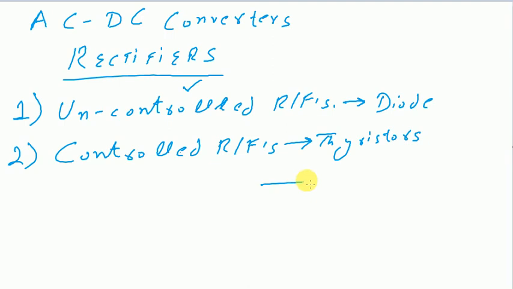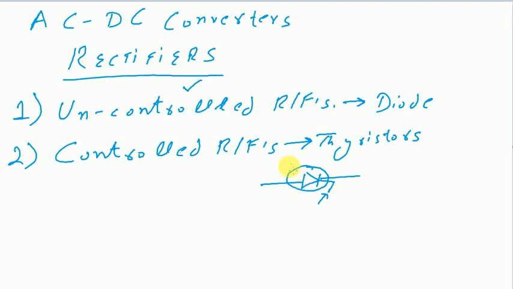If you just have a look at the symbol, this is the control pin that is available in the thyristor. As long as we do not have any control pulse applied to this control pin, this thyristor will not be turned on. That is how we can actively control the flow of power with the help of a thyristor.